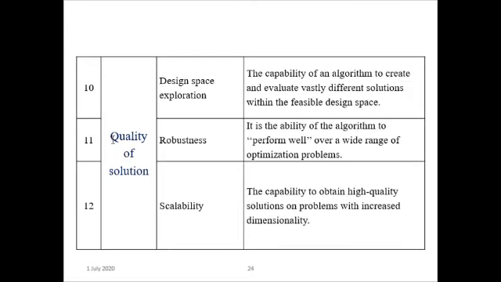The third performance category is quality of solution. The first quality is design space exploration. Then robustness, which checks how the algorithm performs across a wide variety of optimization problems. Scalability, sometimes also termed dimensionality, deals with the number of decision variables.